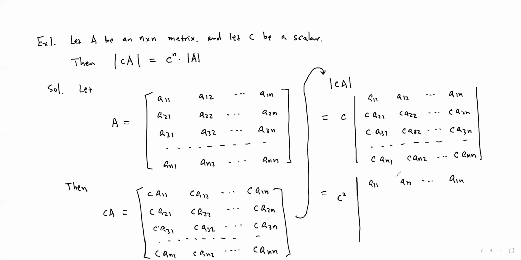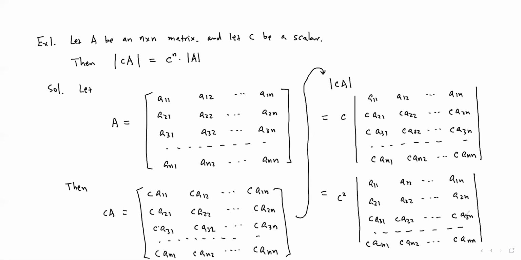And on the second row, take out the number C. The third row, not change. C times N1, C times N2, C times NN.